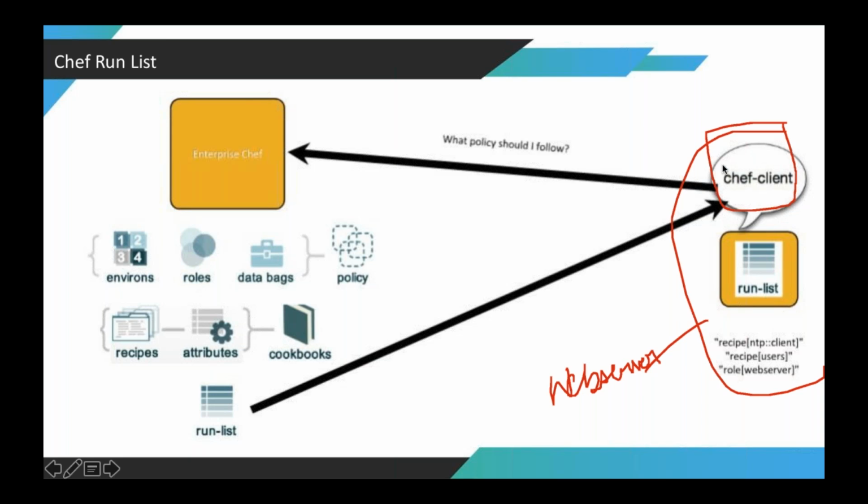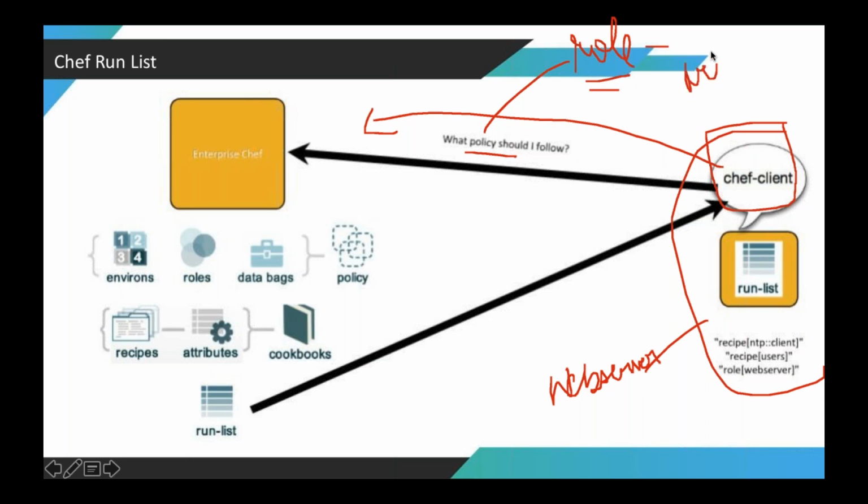Now, the Chef client is going to make a request to the Enterprise Chef for the policies. If this is the first run, it has to identify what exactly the role of this server is. Here the role is web server.